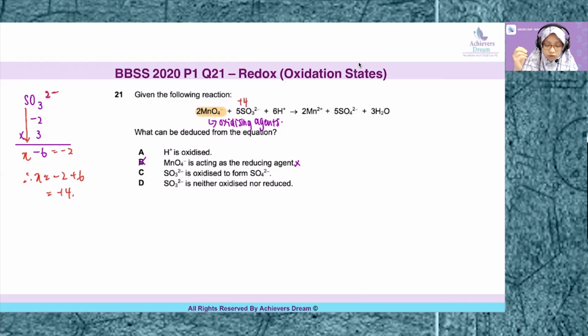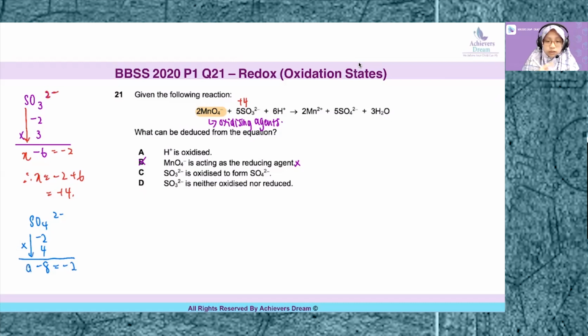Now let's use the same method to calculate the oxidation state of sulfur in sulfate. Let's change to blue. I have 4 oxygen atoms, each carrying an oxidation state of -2, so the total negative charge is -8. The overall charge of this ion is -2.